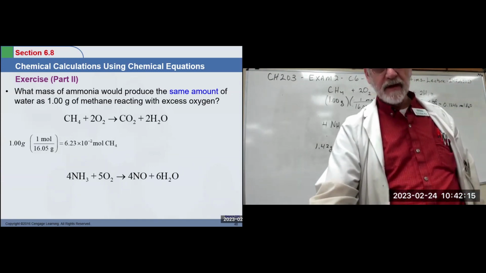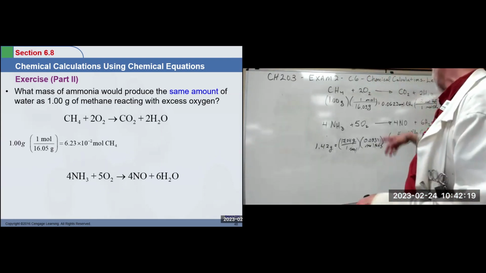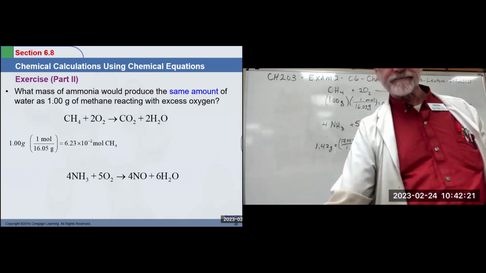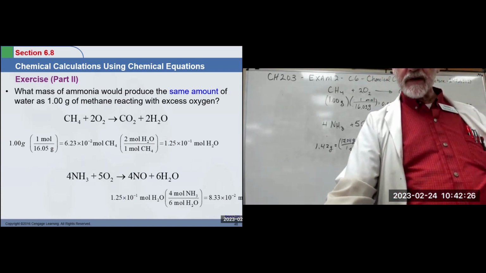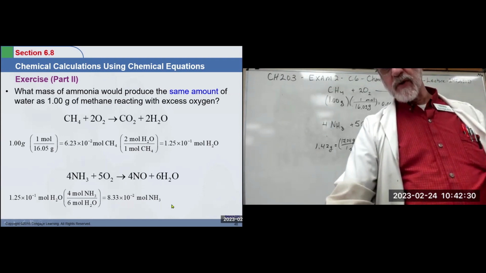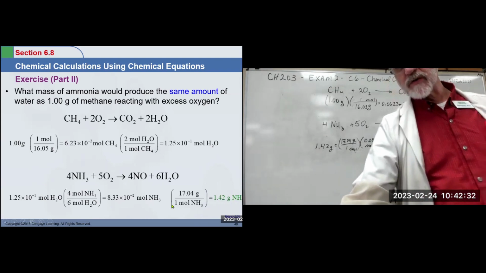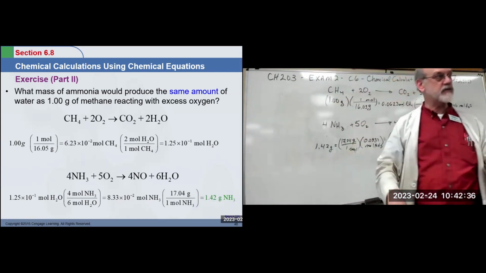Yeah, there we go. So that's the moles. That's scientific notation for what I had up here. And then change it to moles of water. And then we take moles of water, convert it to moles of ammonia, and then convert moles of ammonia to grams of ammonia. And that answers our question.